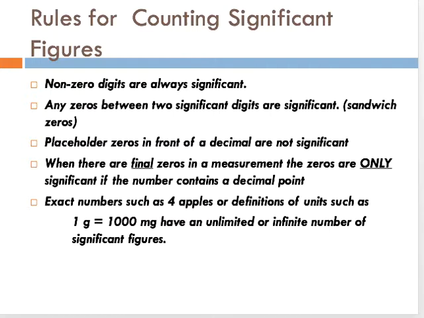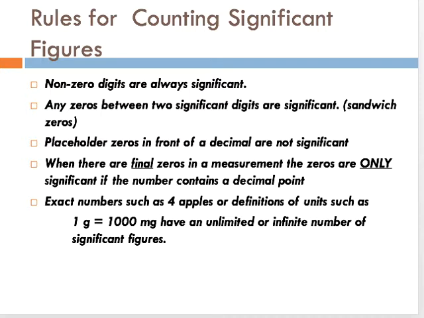Any zero between two significant digits are significant. They're called sandwich zeros. Placeholder zeros in front of a decimal are not significant. All right? And when there are final zeros in a measurement, the zeros are only significant if the number contains a decimal point. Finally, exact numbers, like counting numbers, like 4 apples.